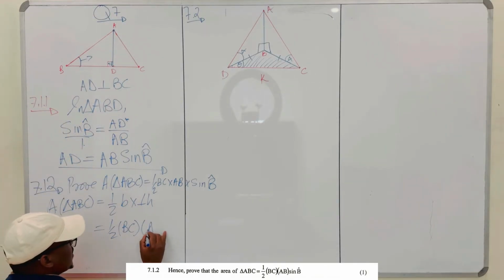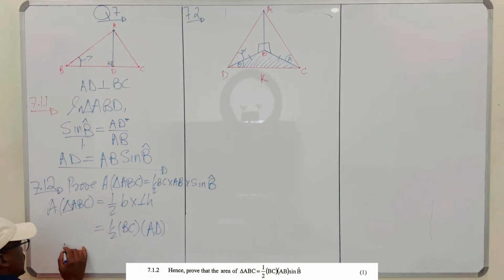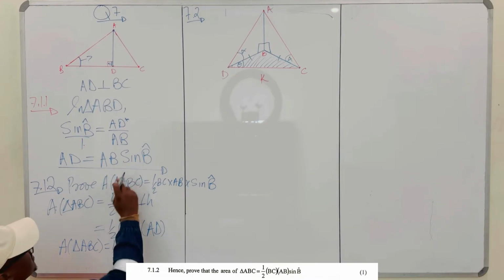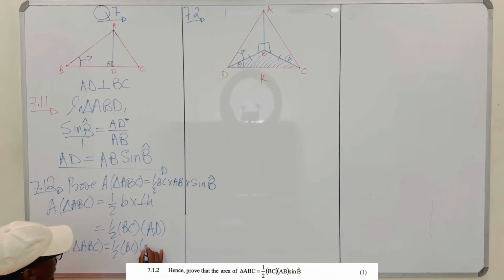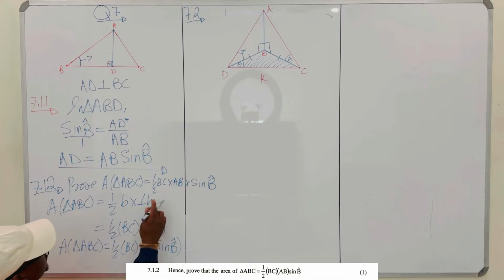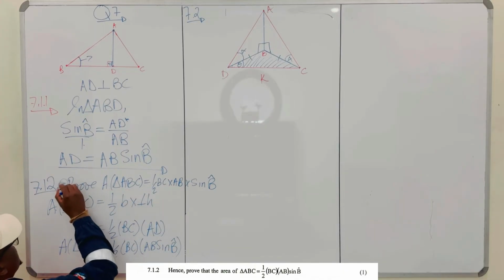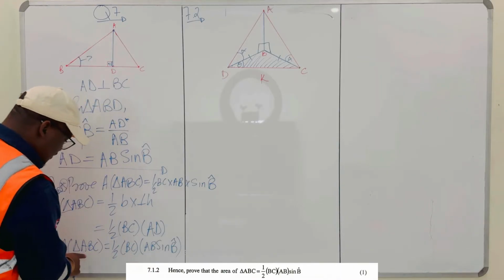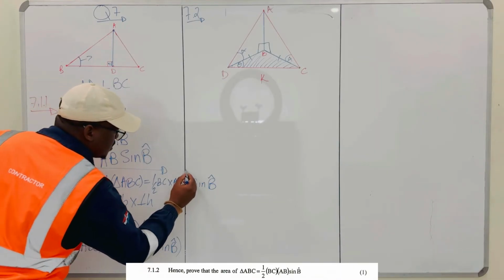So the area of triangle ABC is equal to half of BC times AD. But you found that AD is equal to AB sine angle B. So for AD you put AB sine B, and you have shown what they wanted you to prove. Here's the area of triangle ABC. It's given by this, and we're done here.